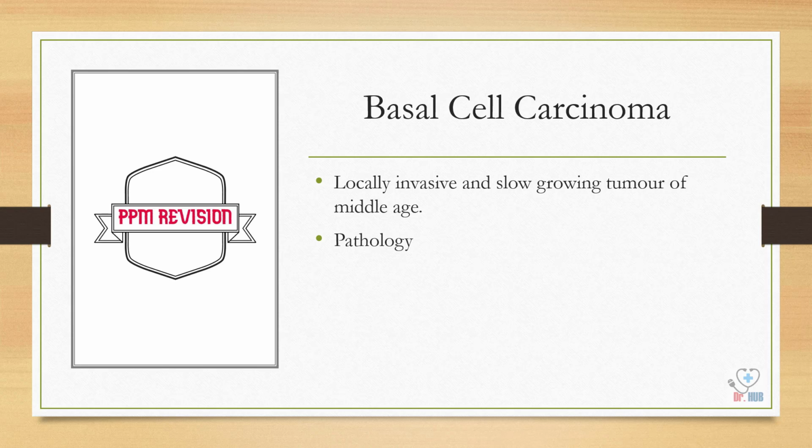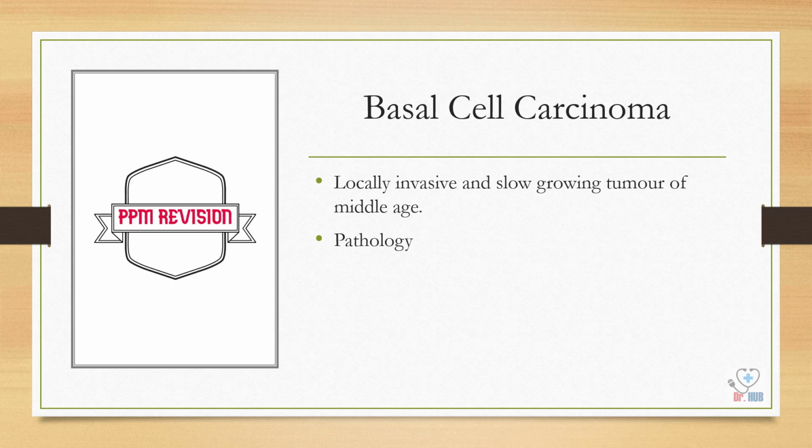But the most common pattern is solid basal cell carcinoma, which has basaloid cells in irregular masses, and also has a peripheral palisaded appearance of the nuclei.